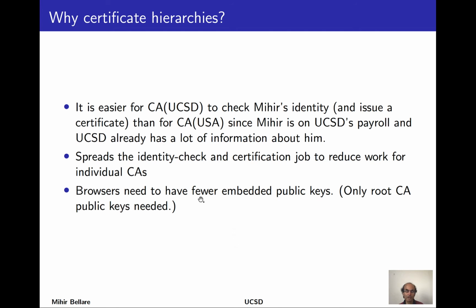So the job of identity checking and creation of certificates is now spread out over lots of CAs. And most importantly, by having the notion of a root CA as being the only one whose public key needs to come embedded in your browser, you can reduce the number of public keys that play that role and make that part simpler.